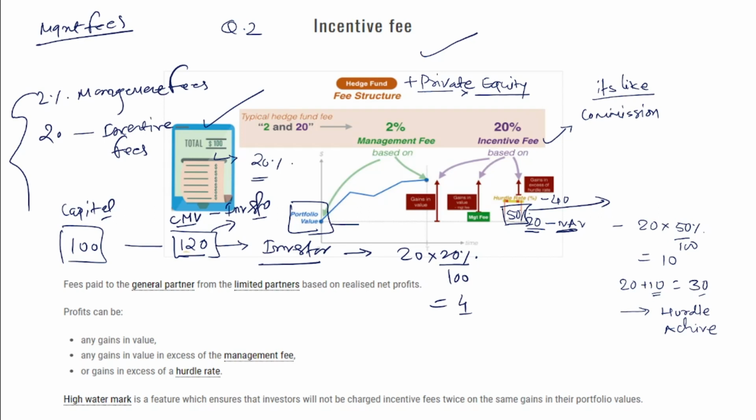Let's say if you generate 1 crore revenue by selling savings accounts, then the company will pay 10 lakh as a bonus to you. Similarly here, the fund managers commit to achieving the hurdle rate. And if the hurdle rate set is achieved, then the incentive fee will accrue.